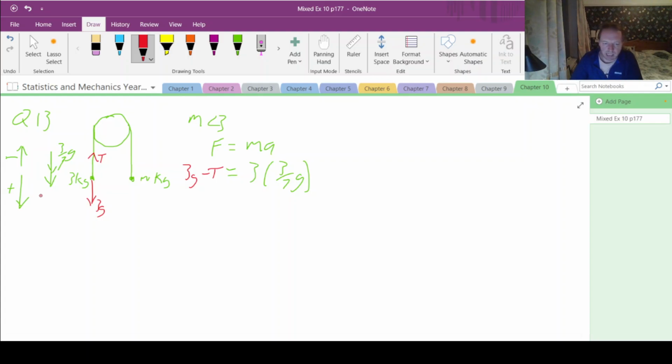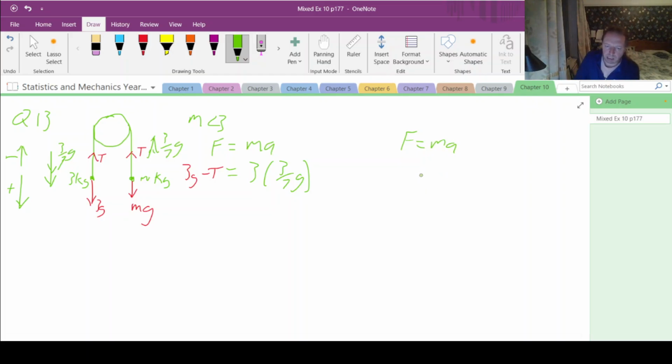Okay, so there's that. Let's now do the same for the other side. I've still got a tension. I've still got a mass, which is mg, because we don't know the weight, and my acceleration is going in this direction now, and it's the same acceleration because it was a light inextensible string. So again, let's set up F equals ma.